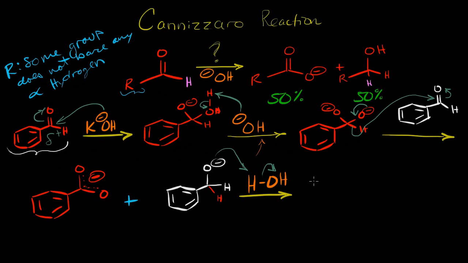In the end, we end up getting an alcohol. If it was perfect, we get a 50% mixture of our alcohol and a 50% mixture of our carboxylic acid derivative.